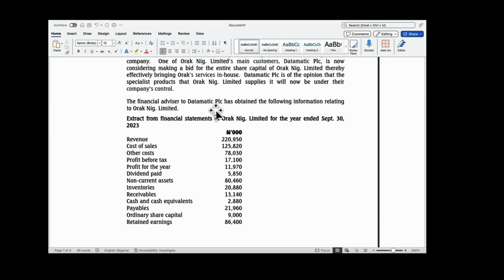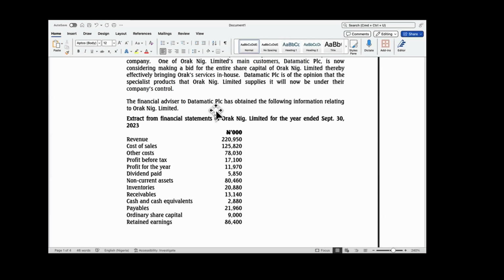You have two options for computing capital employed. It's either you simply use equity, which is ordinary share capital plus reserves. In this case, the only reserve we have is retained earnings.